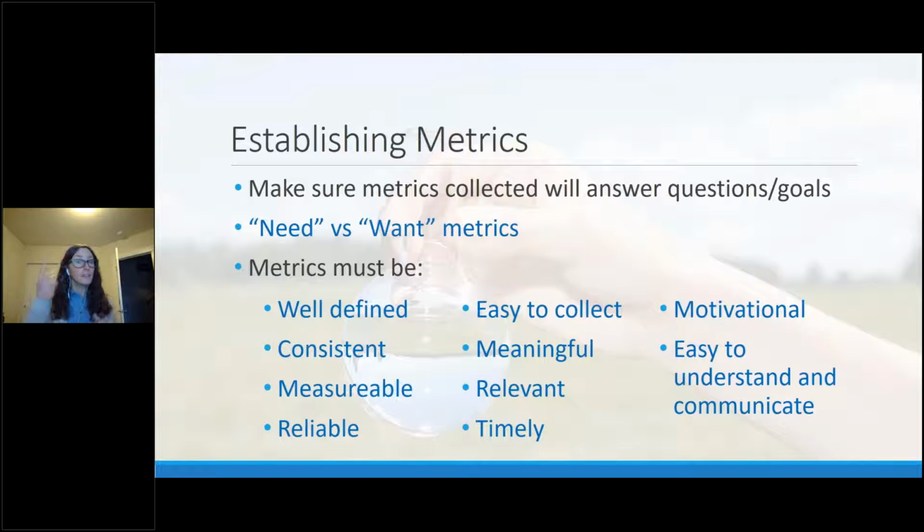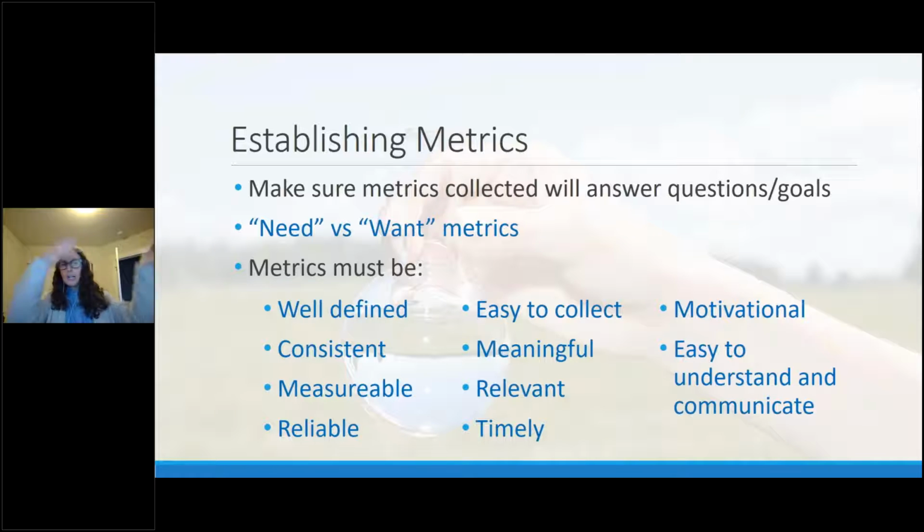Make sure it's meaningful. This comes back to that need versus want. Make sure what you choose is actually meaningful and you can do something with it. Relevant and timely, coming back to those. Make sure that those things that you're collecting make sense and that you can collect them in a timely manner and that the time frame you are collecting them within makes sense. And we'll talk about short-term versus long-term metrics. Make sure they're motivational, right?